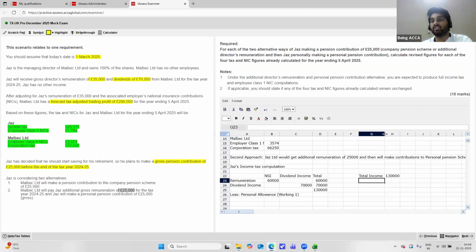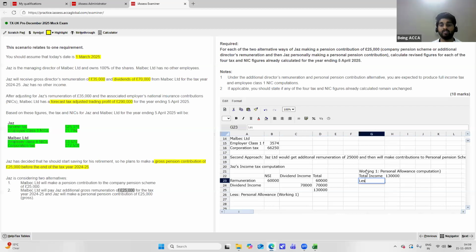Here we do not have any gifted donations, but there is a gross pension contribution, which is what we'll be calculating. Working one, personal allowance computation.